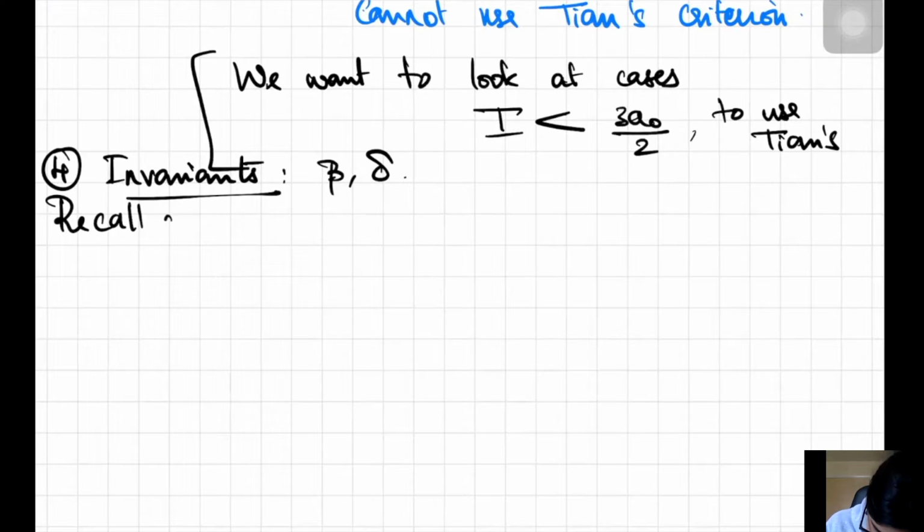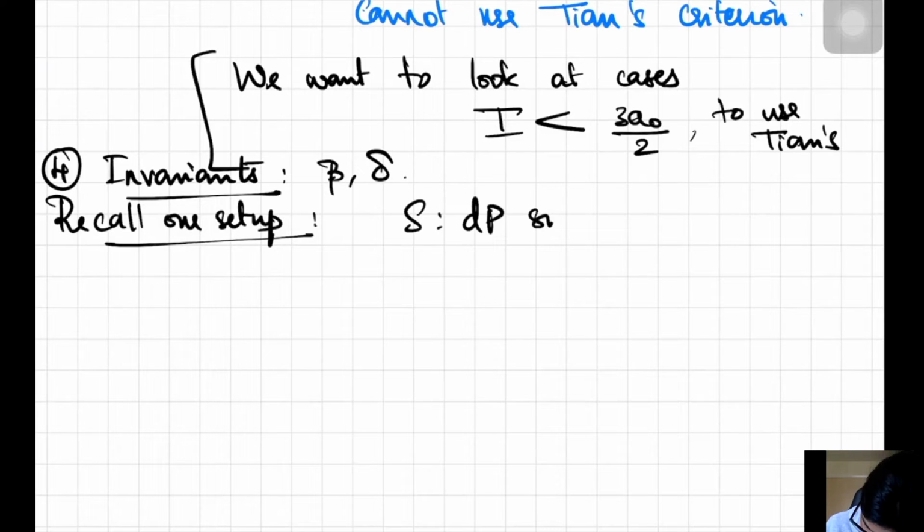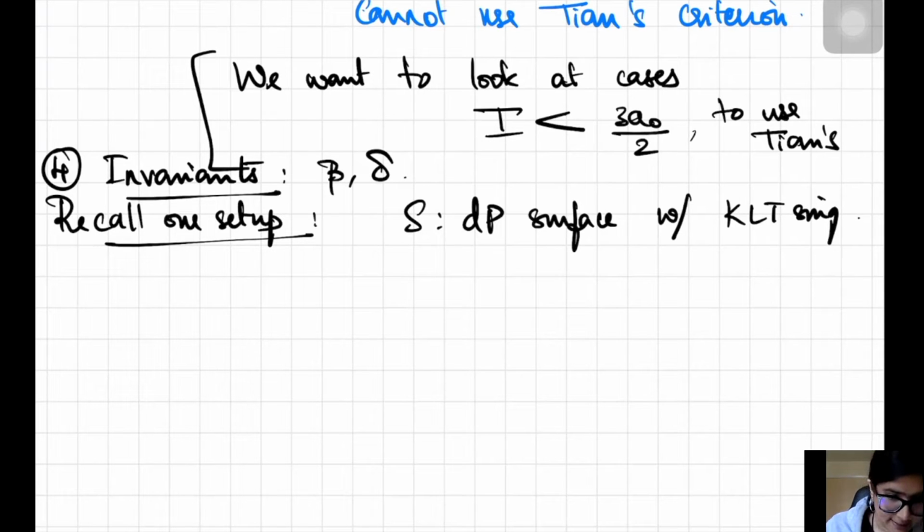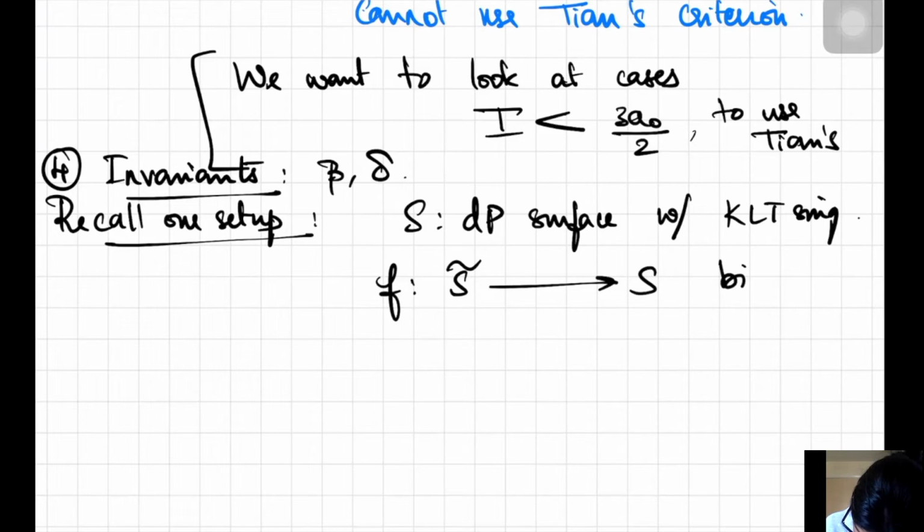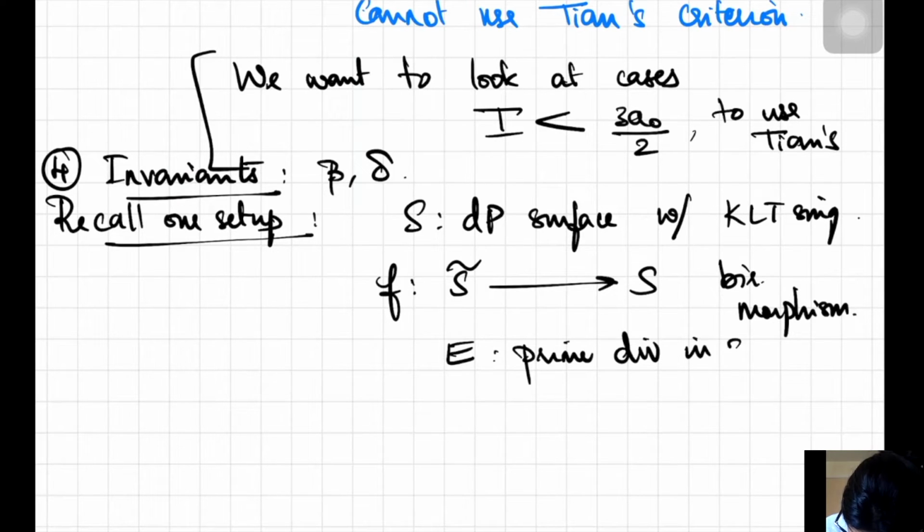So recall our setup. You have a del Pezzo surface with KLT singularities. And suppose you have a birational morphism to S tilde such that E is a prime divisor in S tilde.